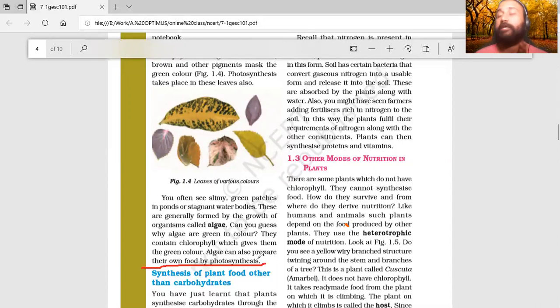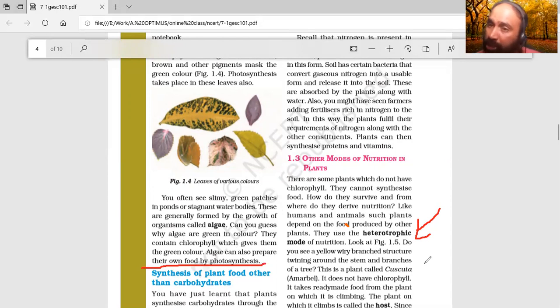Now the remaining part is, see, there are other modes of nutrition also in plants. Not only this photosynthetic or autotrophic, there are other modes of nutrition, for example, the heterotrophic mode of nutrition, which is explained in this paragraph. What is heterotrophic nutrition?